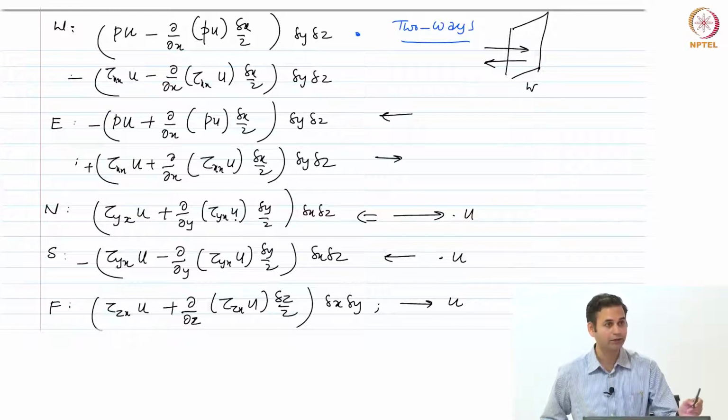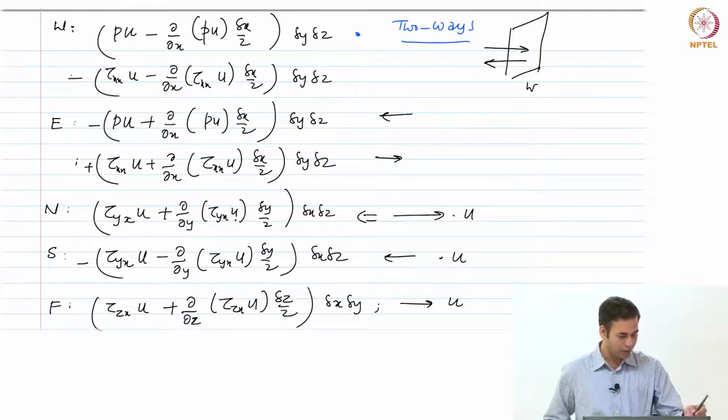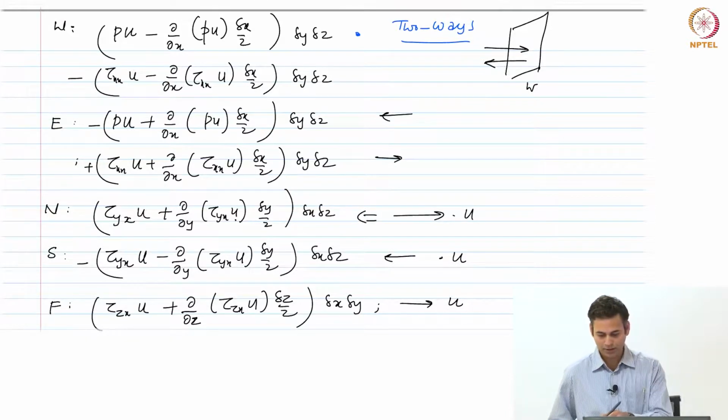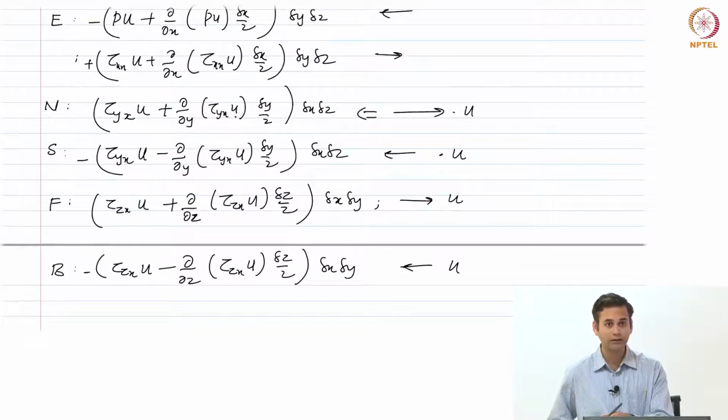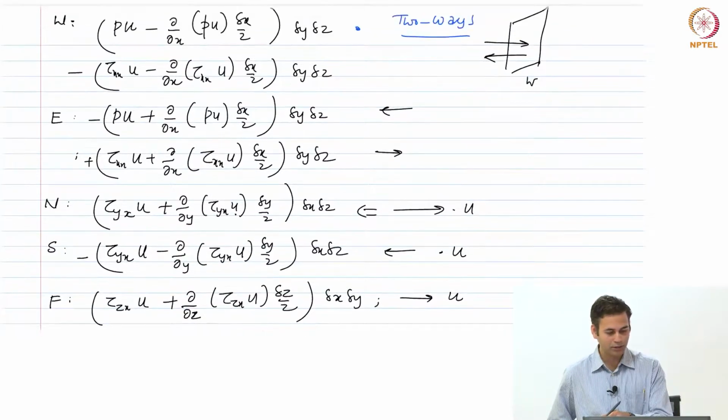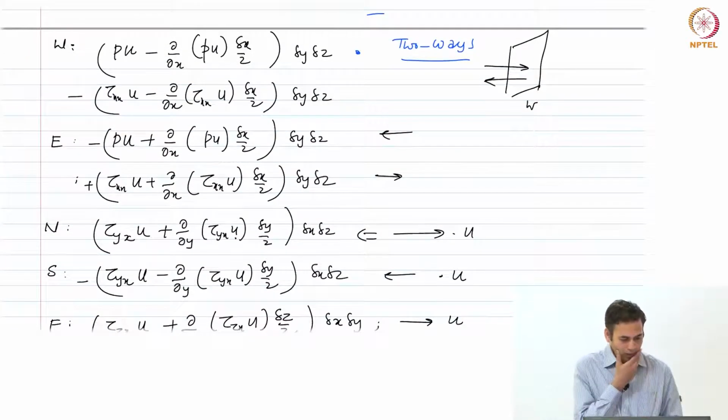This one is negative here, right, is that correct? Okay. What about the east face? East face is correct, negative acting in the negative x, tau x acting in the positive, okay. So, this is a mistake, okay, thank you. What about the north and south, are they correct? Okay. Front and back, fine, okay.